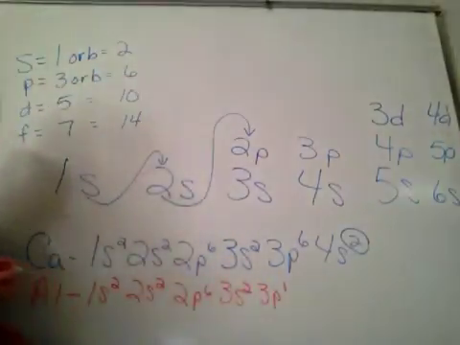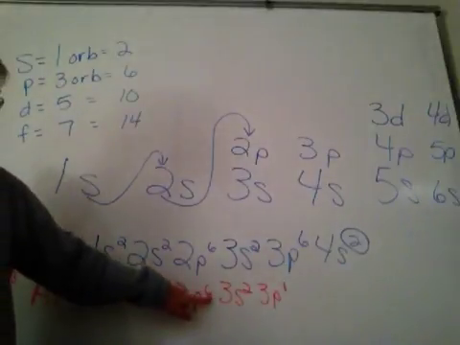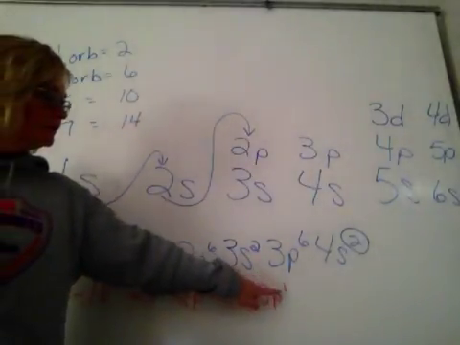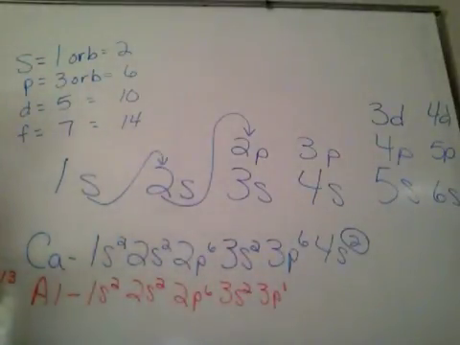I don't need 6 because that would be too many. So 2, 4, 10, 11, 12, 13. That would be my configuration for aluminum.